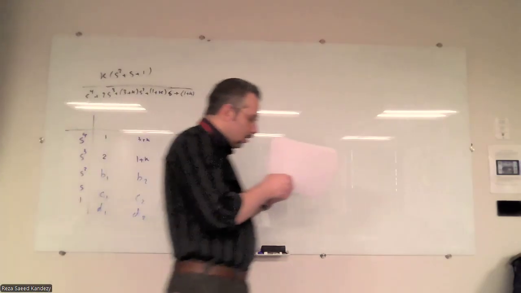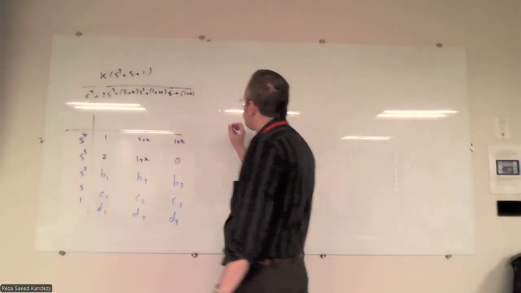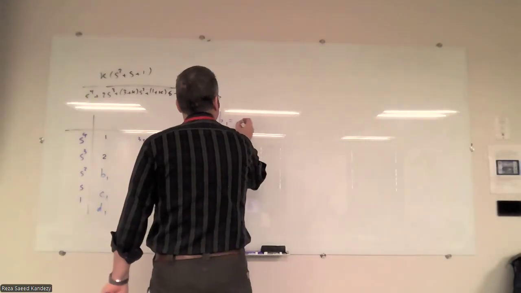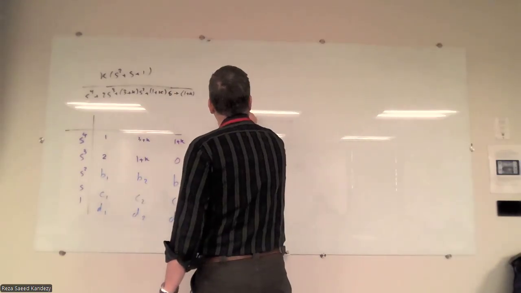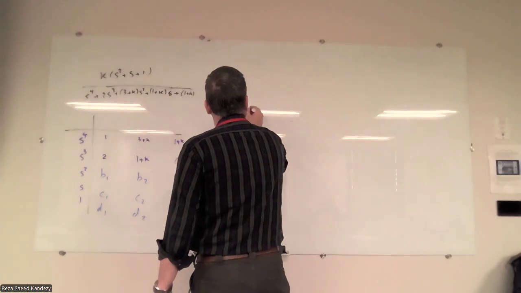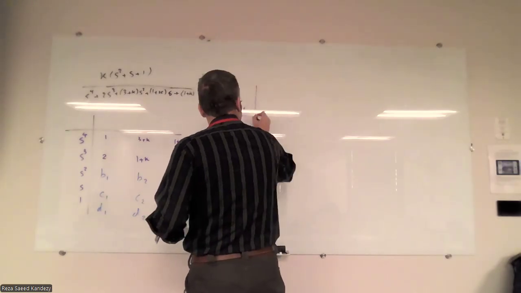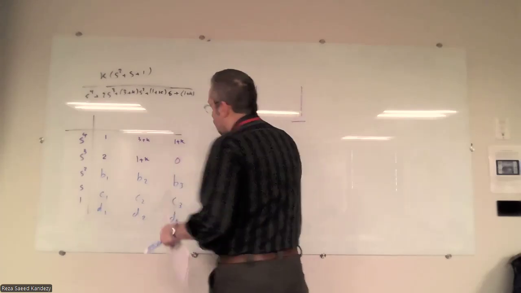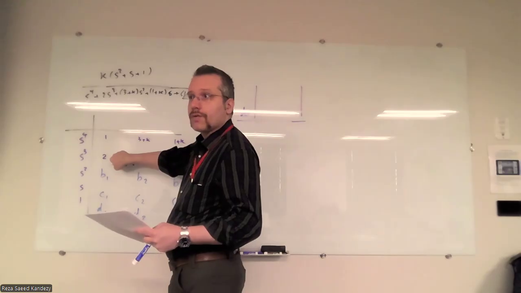Now, we learned that if we wanted to calculate B1, the formula for B1 was minus the determinant of the first column of the first two rows.